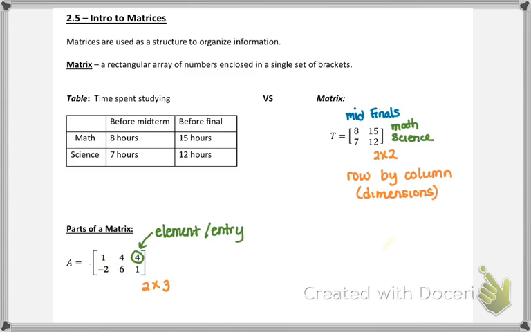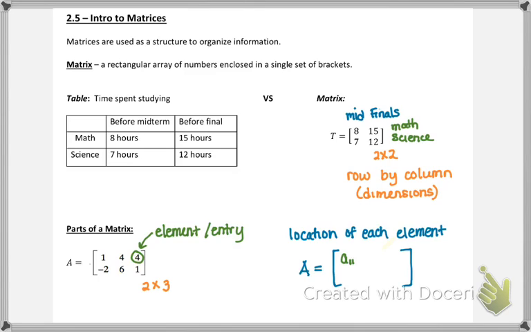So if we want to talk about the location of each element in matrix A, which is a 2 by 3 matrix, the 1 is A sub 1, 1, which is an element of matrix A in the first row, 1st column.